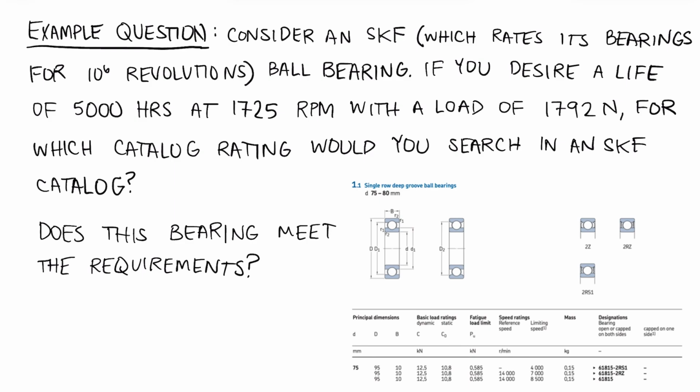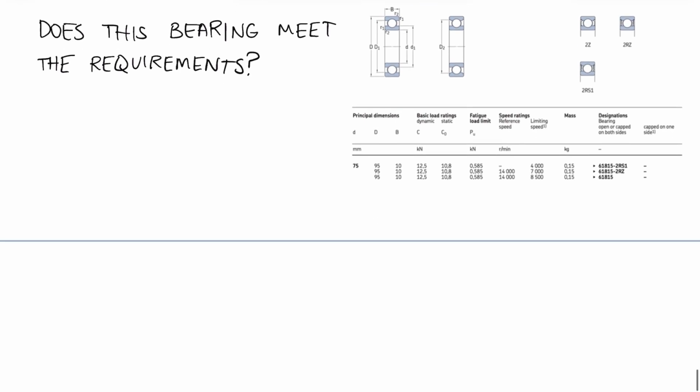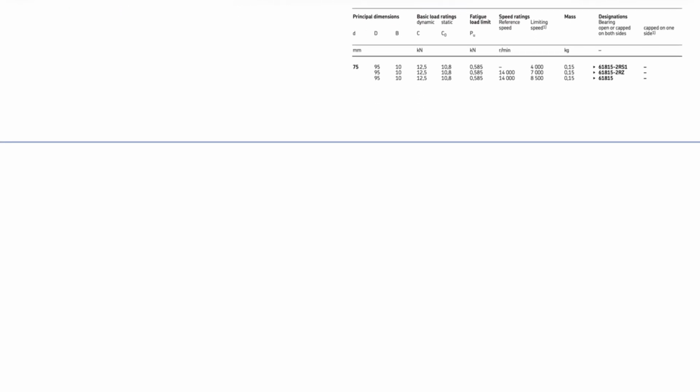So we can use the equation that we have looked at already. We are going to use the base form of the equation. We are just looking for a reliability of 90%. I should state that in the problem statement, perhaps. Reliability of 90%. Okay, so let's write our equation.